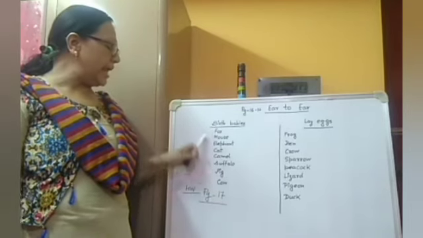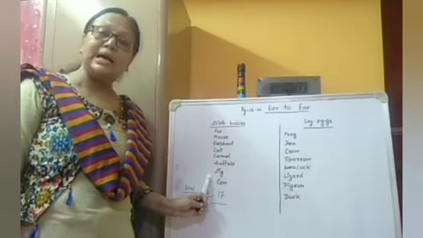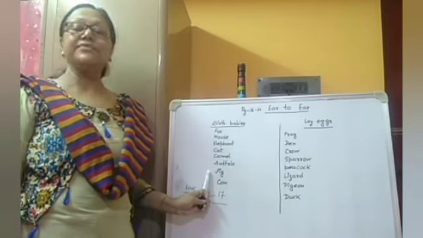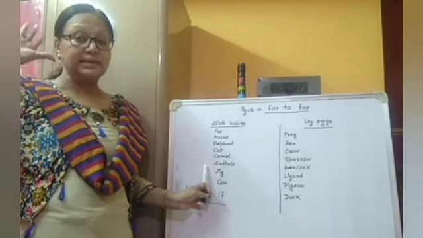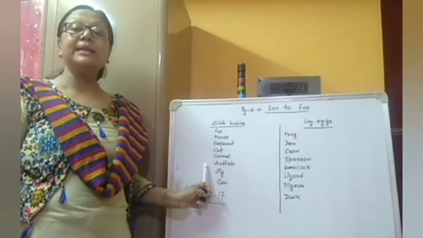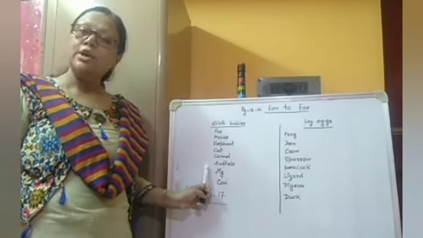So all these animals give birth to young ones, and we have already seen that these are the animals which have external ears and hair on their body.